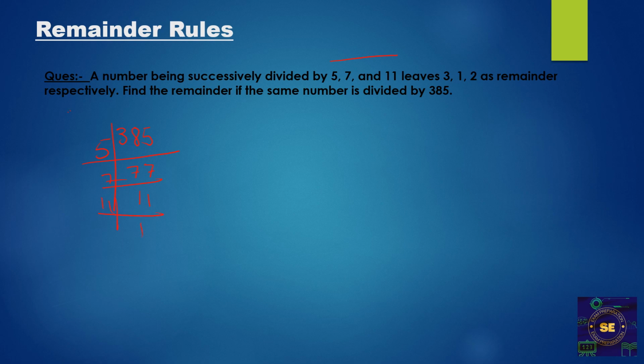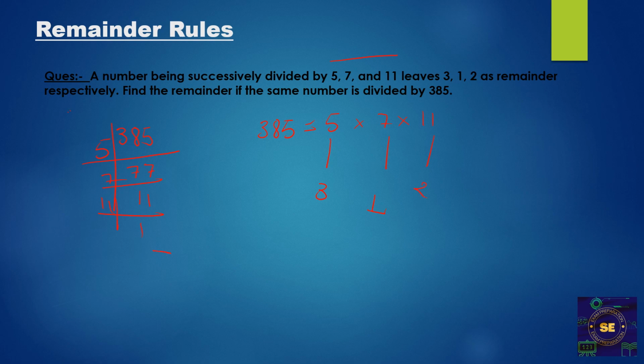The factors of 385 are 5 into 7 into 11, and the remainders are 3, 1 and 2.